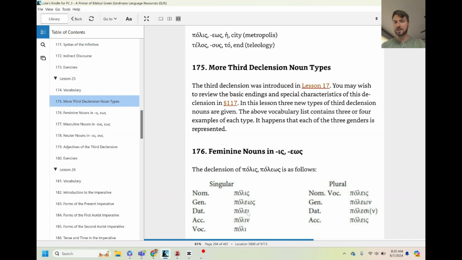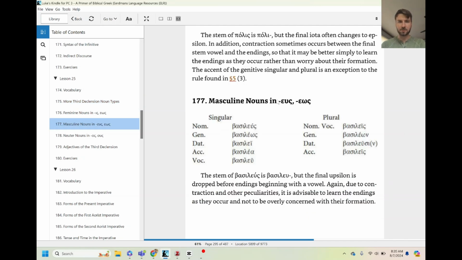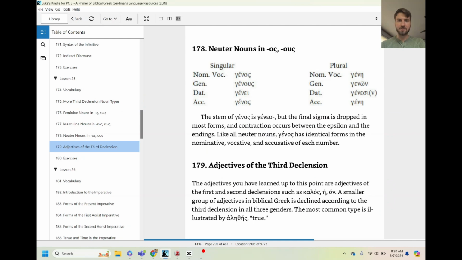These are irregular, unusual third declension endings. Here's a feminine one, and they're giving polis as an example. And there's a masculine one, they're giving basilus as an example. And then they give the neuter third declension here, giving genos as an example.